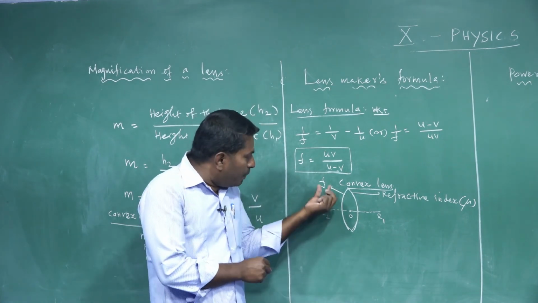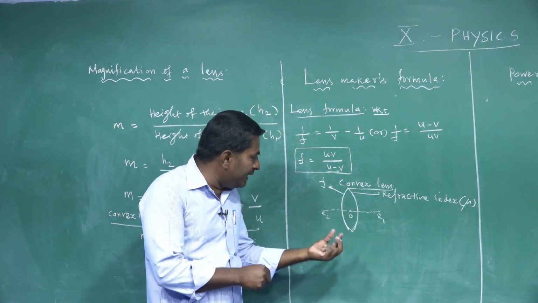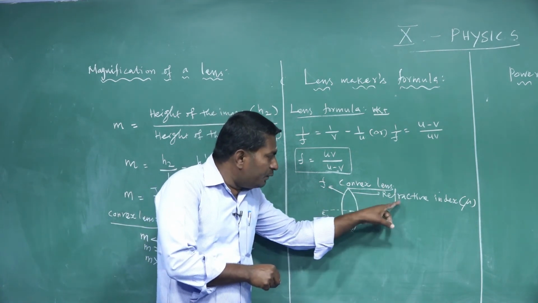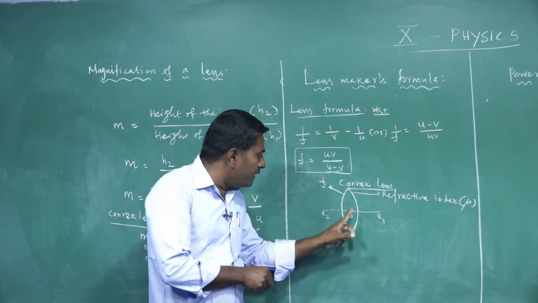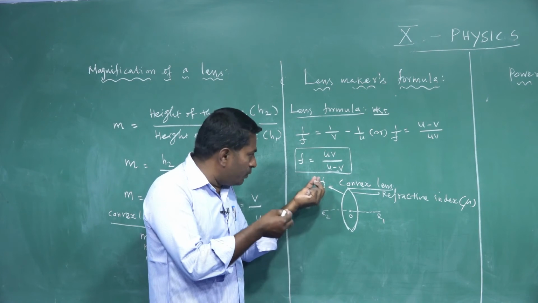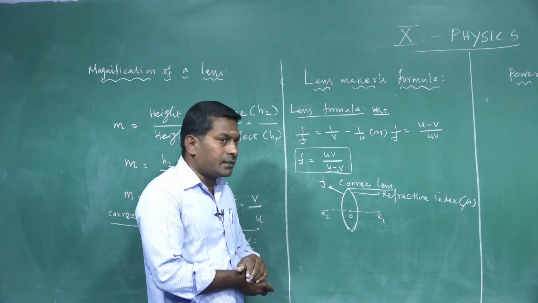So if we need a proper focal length of this lens, or we design the focal length of this lens, we use the concept of refractive index and the radii of curvature of this lens, then only we can calculate the focal length of this convex lens.